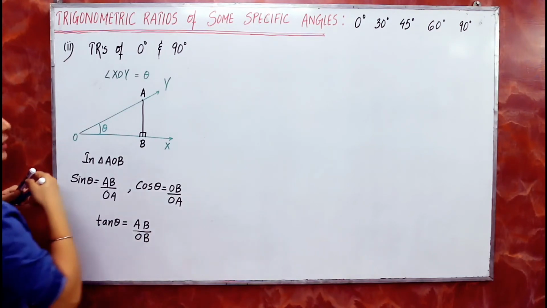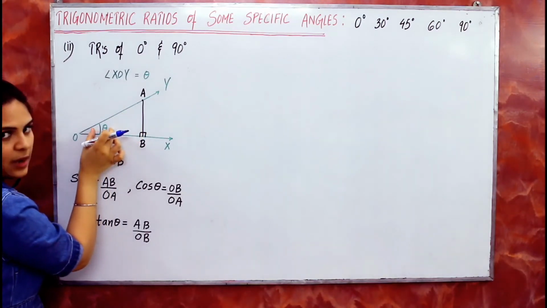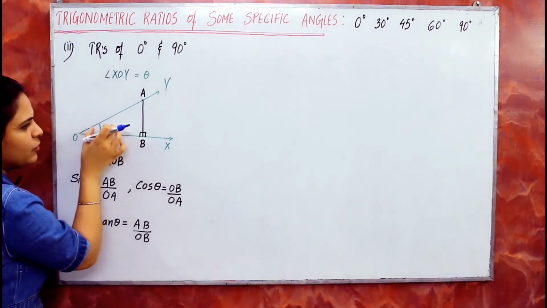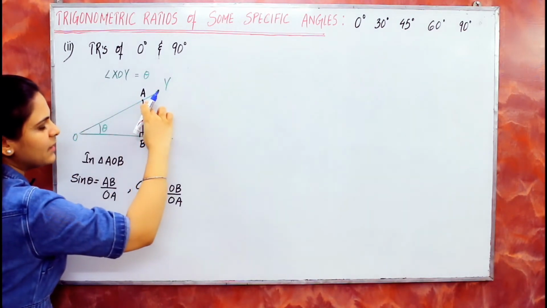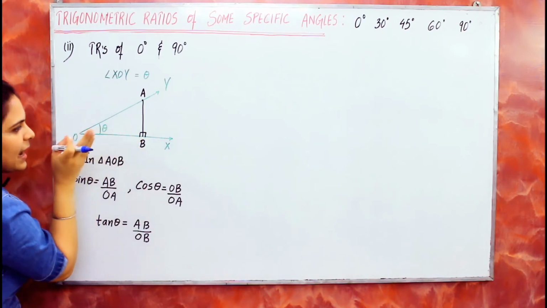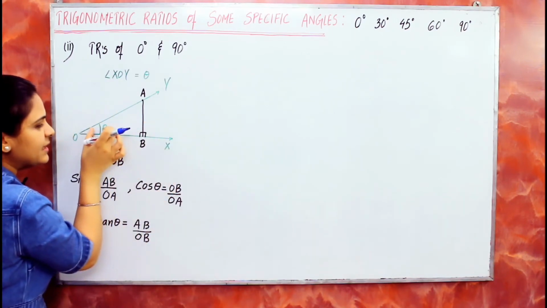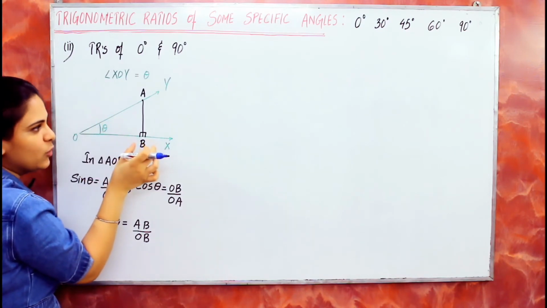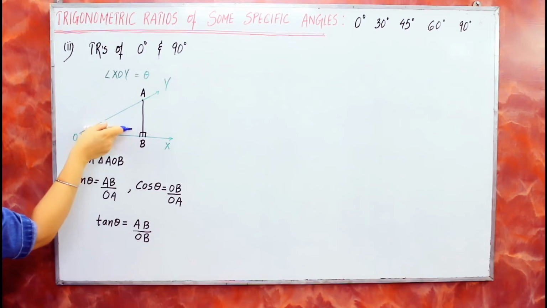In this figure, you can observe that when we decrease the value of theta, the angle will become smaller and smaller, and this side AB will also become smaller and smaller. And eventually there will be a point at which theta will become equal to 0 and side AB will also become 0.